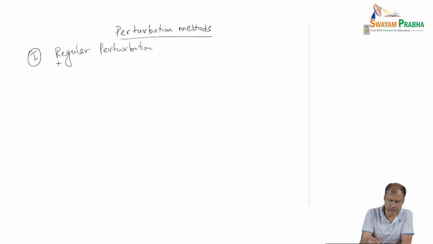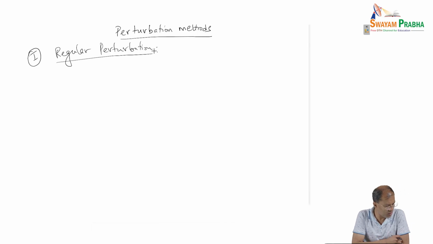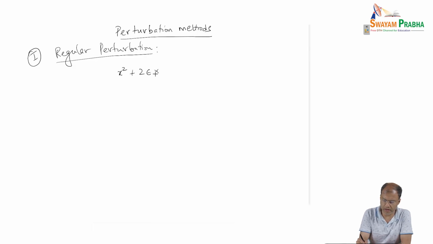Regular perturbation. Okay, so the goal now is we will highlight this method of regular perturbation using a simple algebraic equation. The equation that I have in mind is this following quadratic equation: x square plus 2 epsilon x minus 1 is equal to 0.